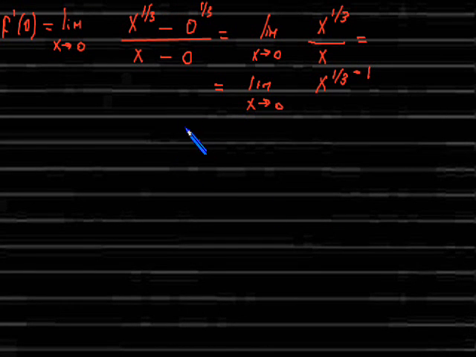So far so good. If you simplify this, it is equal to the limit as x approaches 0 of 1 over x to the 2/3. Now we want to see what this looks like as x approaches 0, and whether this has a limit.